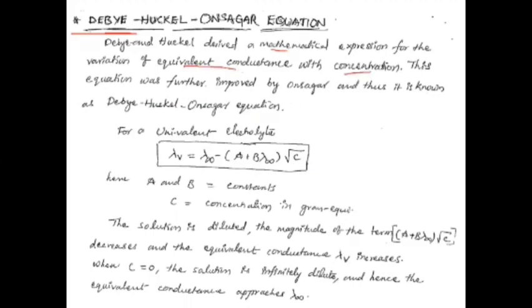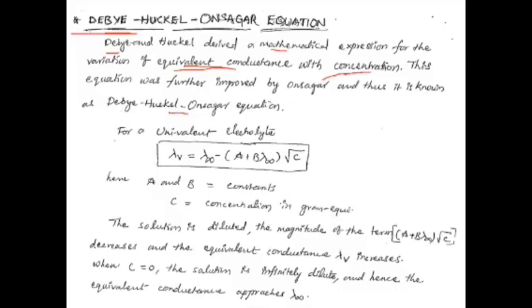This equation was further improved by Onsager, and thus it is known as the Debye-Huckel-Onsager equation.